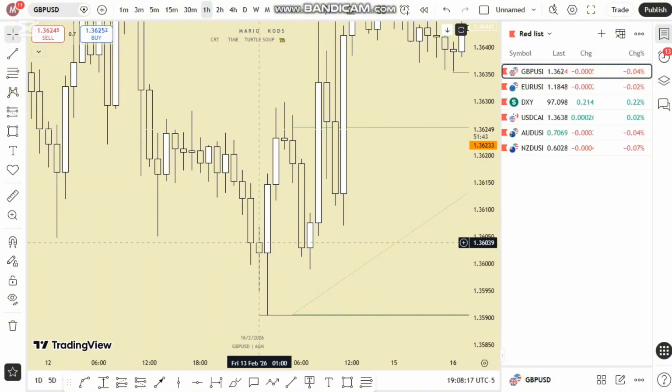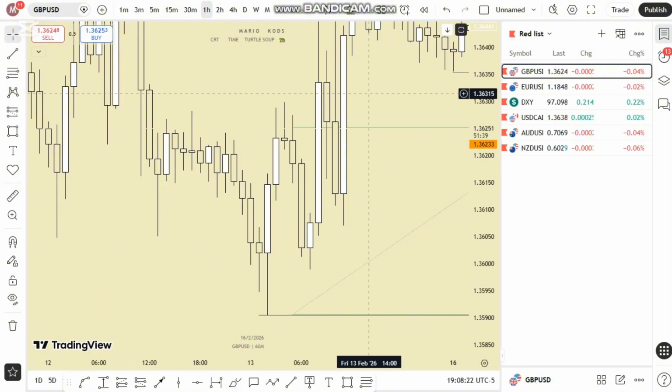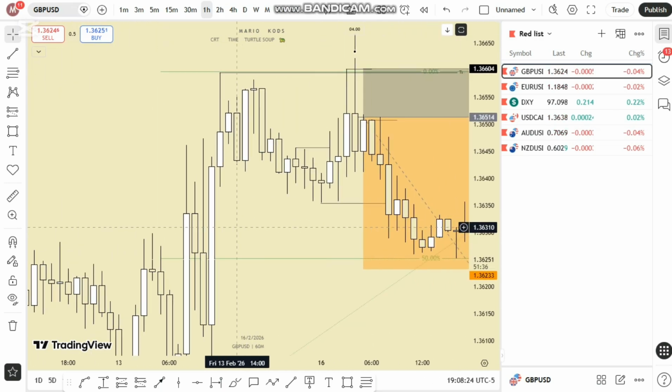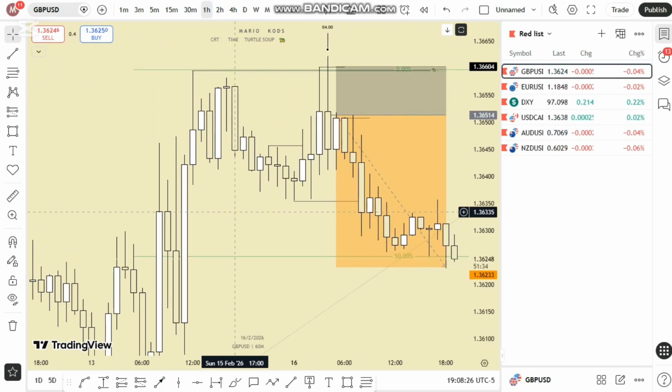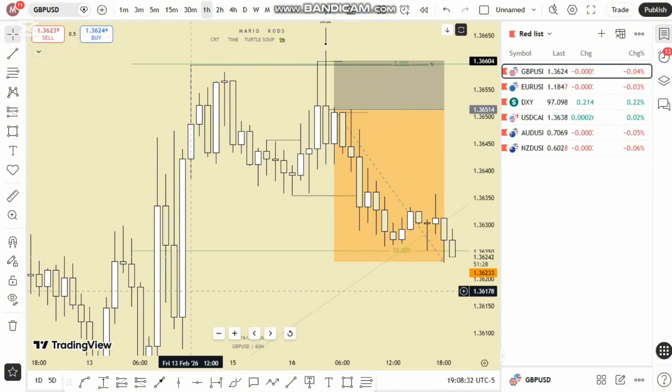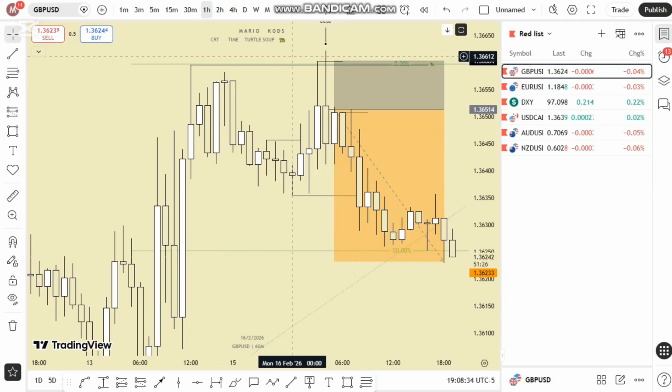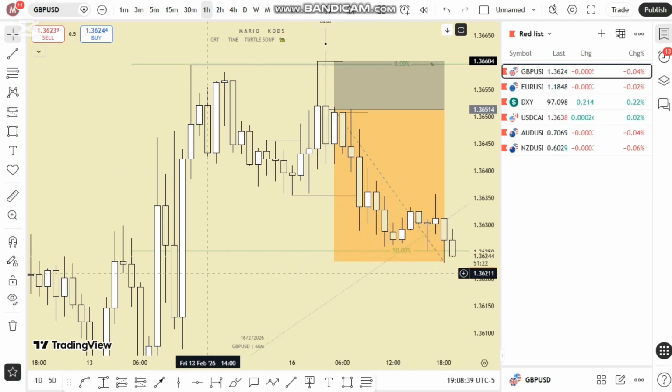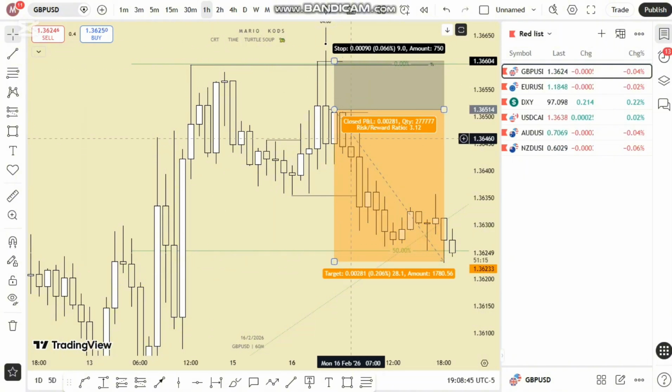This is an order block. CRT, expansion. Right? Hope I'm making sense. Order block, range, turtle soup down. Old high, range, turtle soup down.